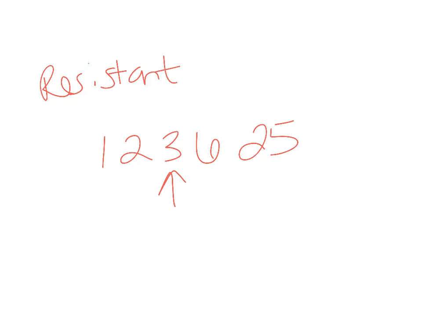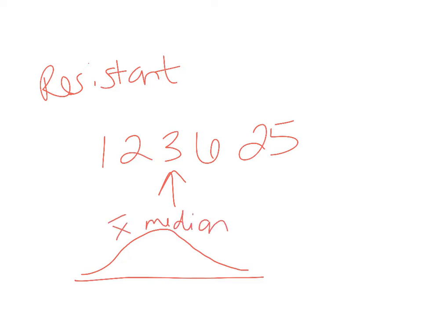On a data set where our distribution is roughly symmetric, our mean and our median are both going to be pretty close together right here at the peak, because I don't have any outliers that are pulling that mean in any particular direction. On data, however, that is skewed, our median is still going to be close to the peak.